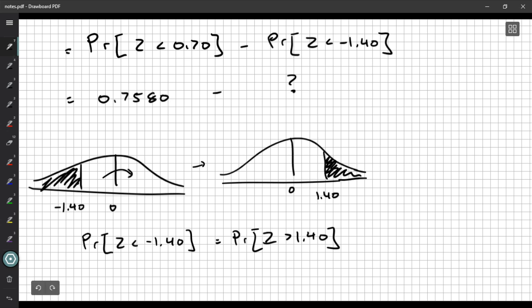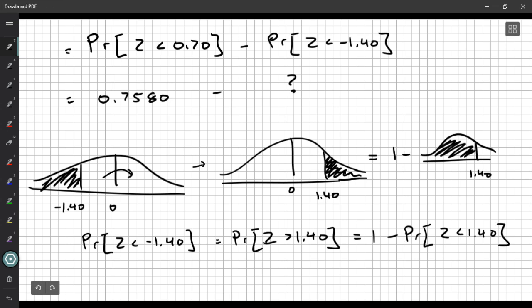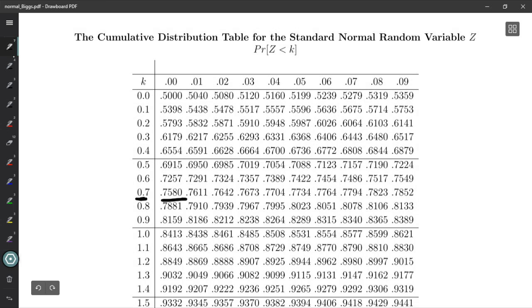But that's not something we can look up in the chart. It's got to be a positive z-score, and area has to be shaded to the left. So we do 1, the total area under the shape, minus the area to the left. And that's something we can look up. And we just go back to the chart and look up 1.40.